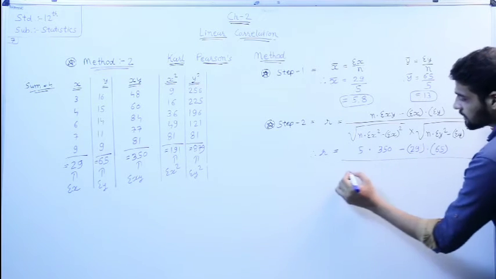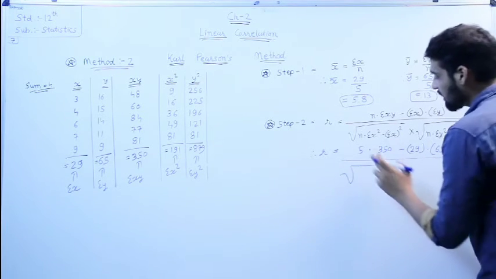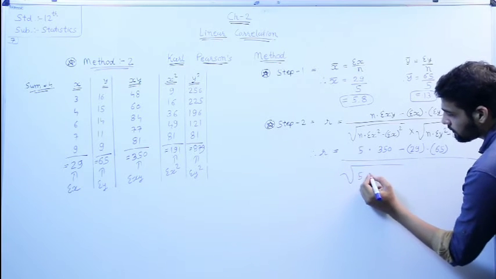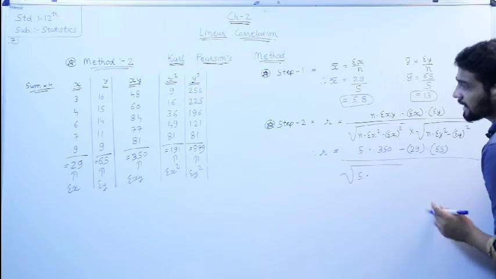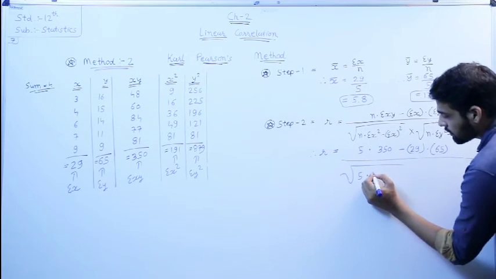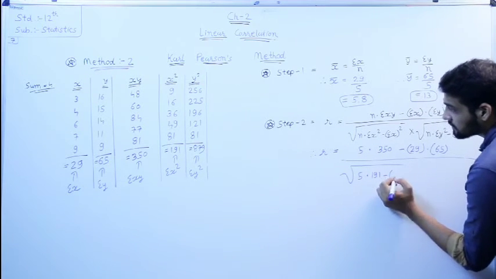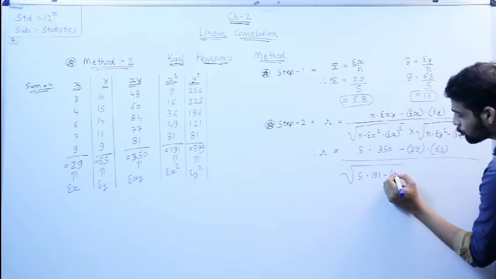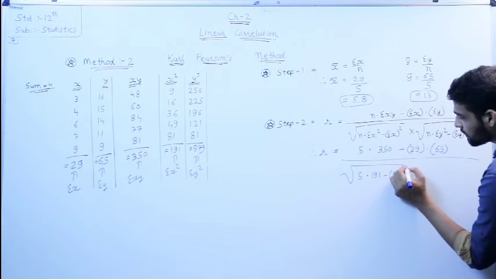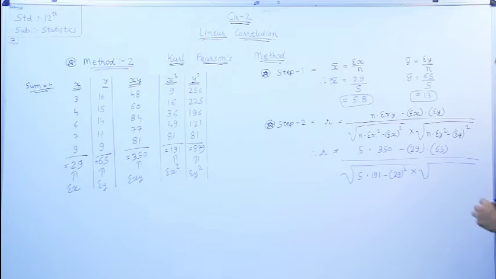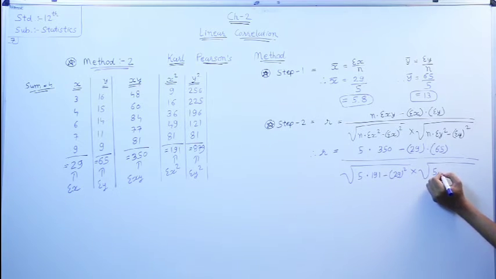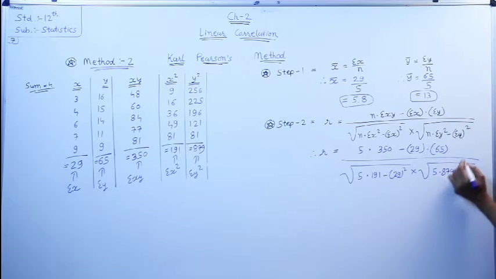Okay, divided by under root. n means 5 into sigma x square 191 minus sigma x whole square, that means 29's whole square, multiplied by n again 5 into sigma y square is 879 minus sigma y whole square, 65's whole square.